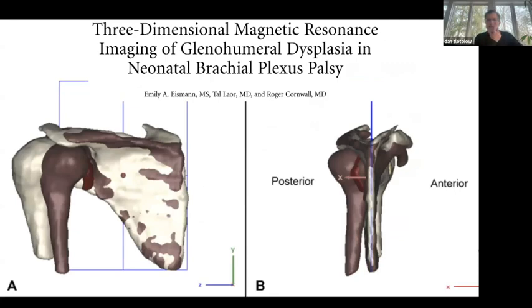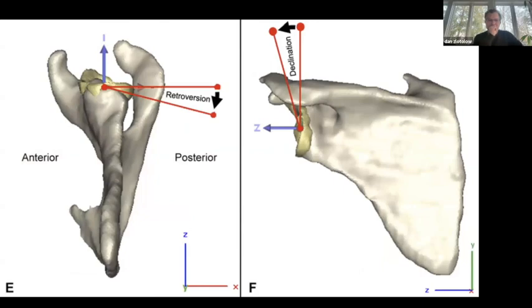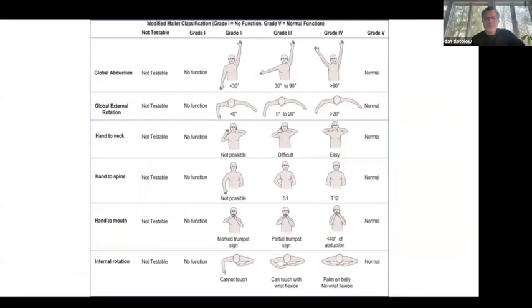So I think one important paper is Roger Cornwall's paper about the three-dimensional anatomy of the glenohumeral joint in these kids. And you can see that there's not only a retroversion, which is something that's been recognized for a long period of time, but there's also this declination that occurs. And when you look at the Mallet, the Mallet has really been geared for a long time to look at external rotation.